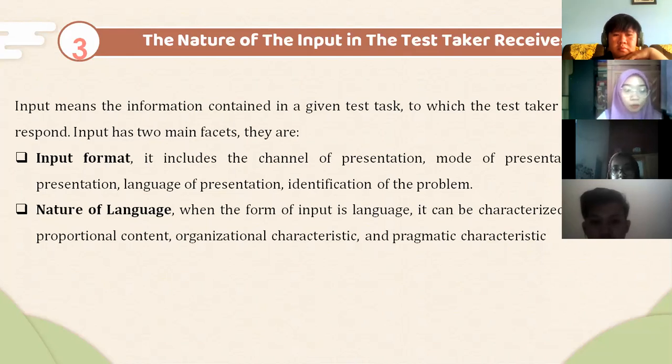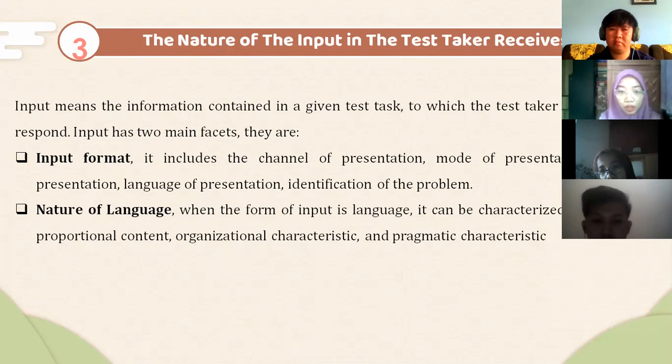In input format, we can also include the channel of presentation, the mode of presentation, whether it will be in the receptive mode, and the third is form of presentation. It usually consists of language and non-language such as pictures. Language may be a reading passage. Non-language could be pictures provided in the task. Or you can combine both, so you can give the form of presentation by using a reading passage or pictures.